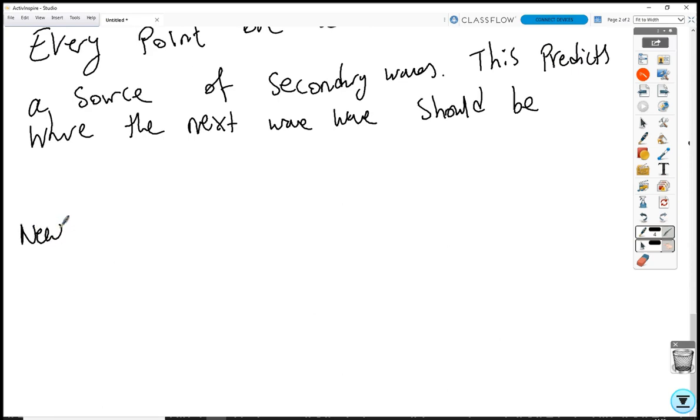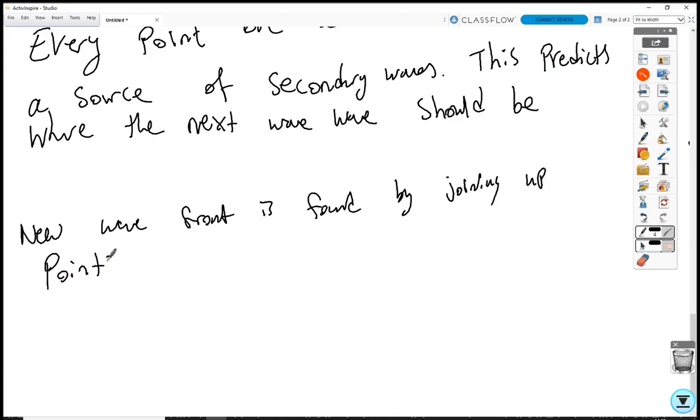And your new wavefront is found by joining up the points on secondary wave.